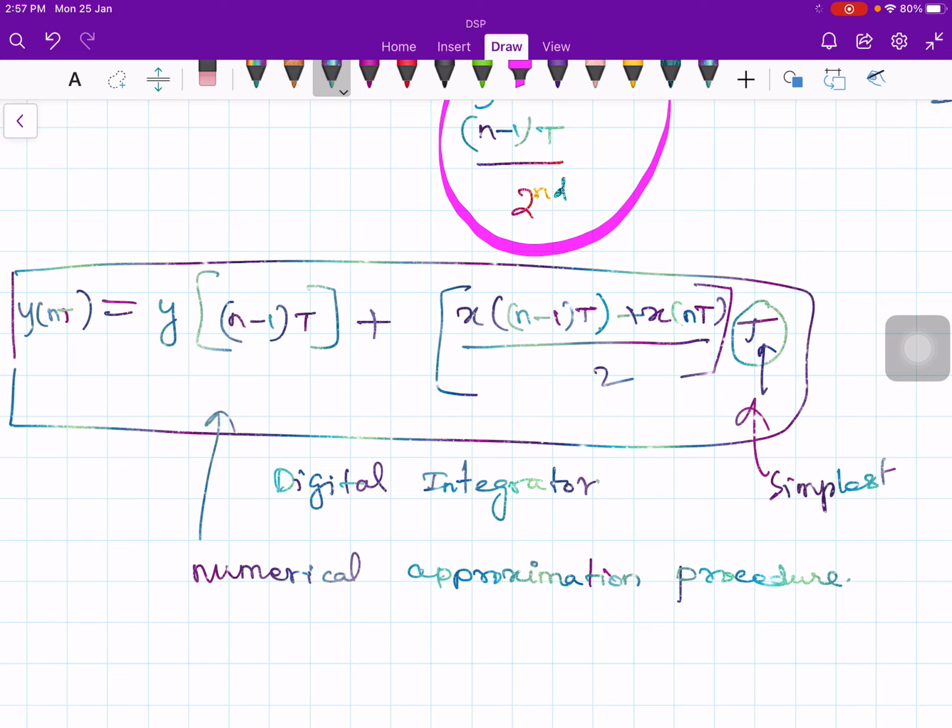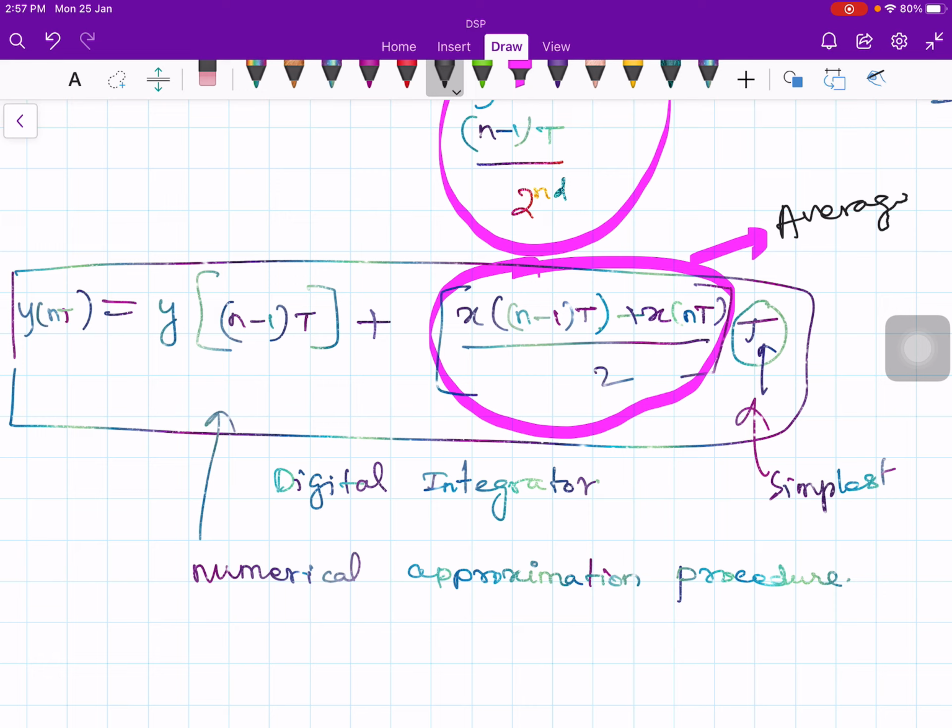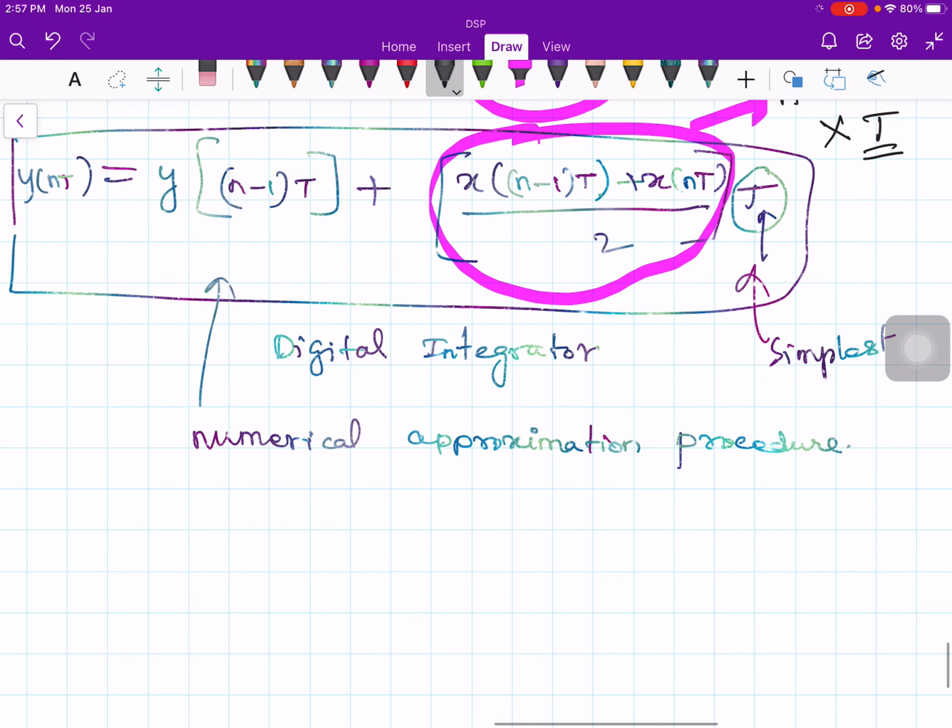You just take the average value of x of (n minus 1) times T and x of nT, divided by 2, that is the average. Once you take the average, then you multiply by the interval, capital T. Now if I translate this into the digital domain, I will drop capital T here.